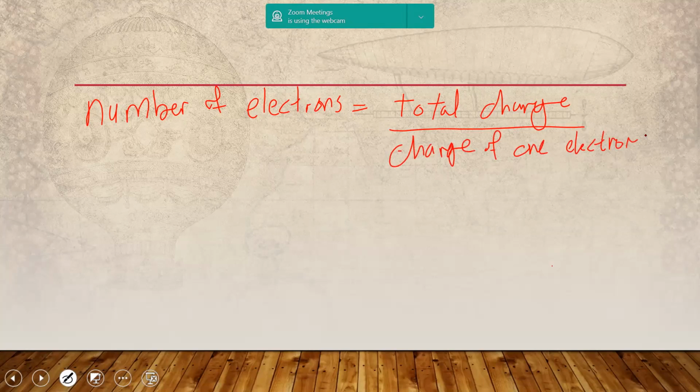So this is now the formula that we use. To know the number of electrons, we have to divide the total charge by the charge of one electron.